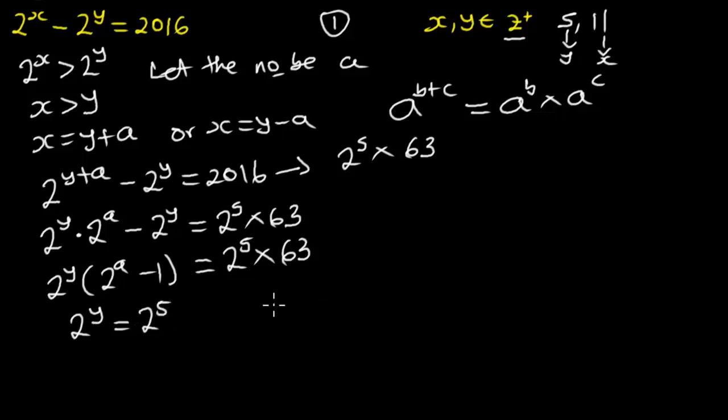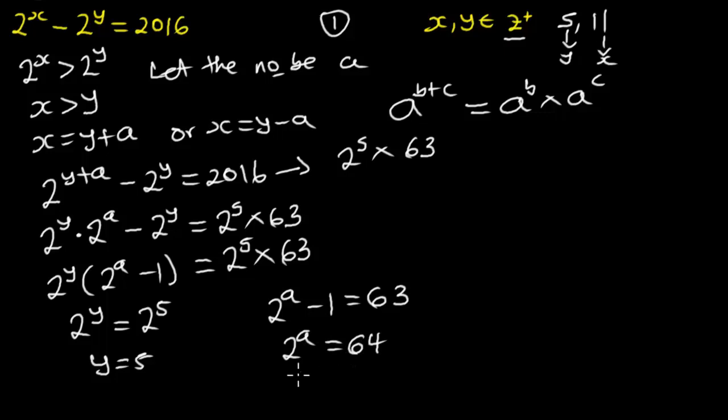And then again we are going to have 2 exponent a minus 1 is equal to 63. So over here y will be equal to 5, and then we are going to have 2 exponent a is equal to 64. Now 64 can be written as 2 exponent 6, right? So here you are going to have a equal to 6.